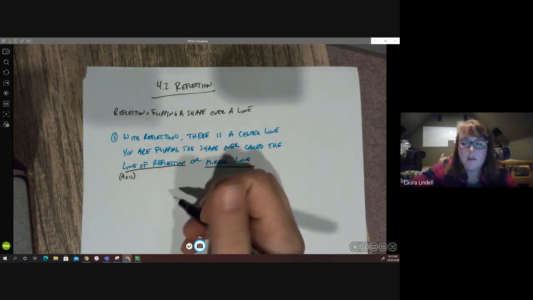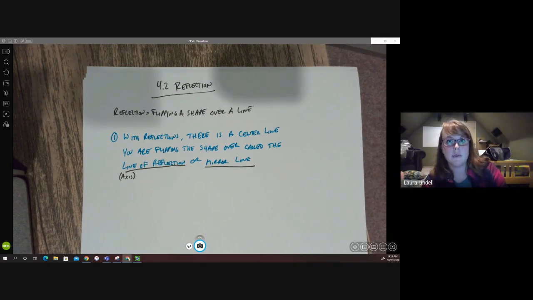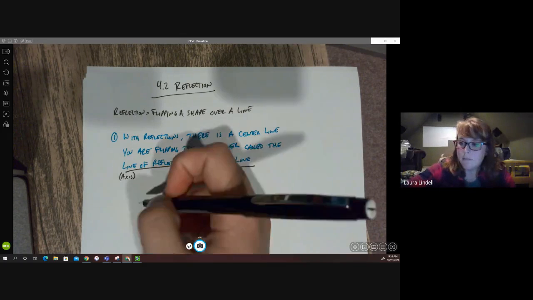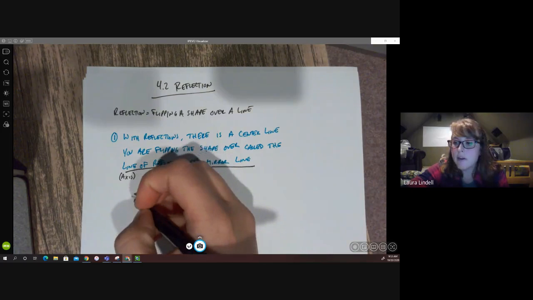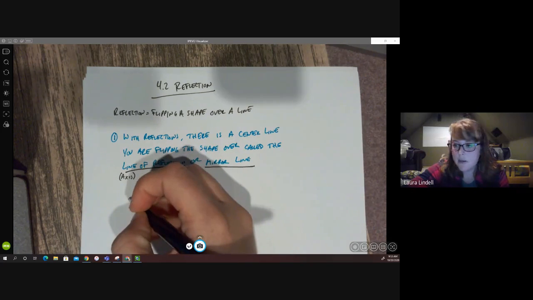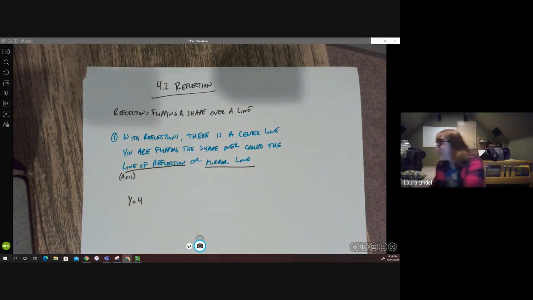Okay, so when we're talking about these lines, there's a little bit of vocab that we're going to need to deal with here. So the first bit of vocab or things that we need to remember are what these lines look like when we say something like y equals 4.